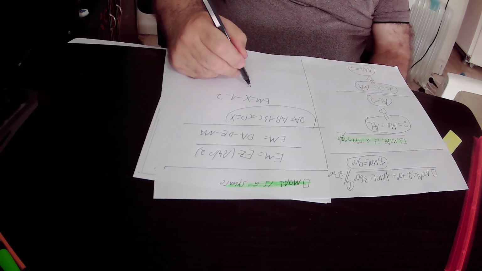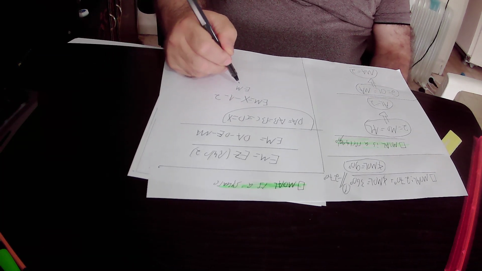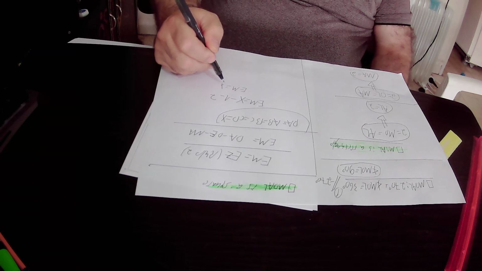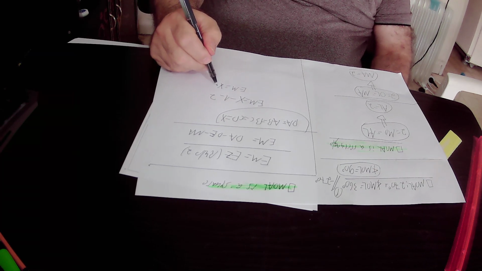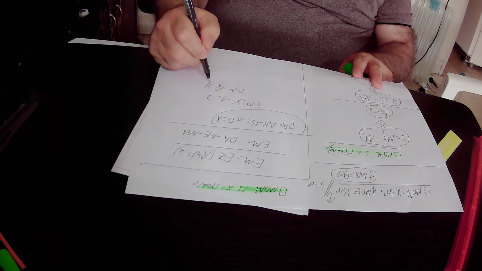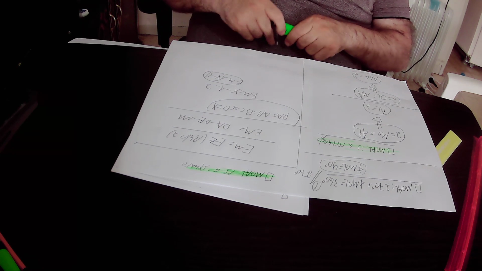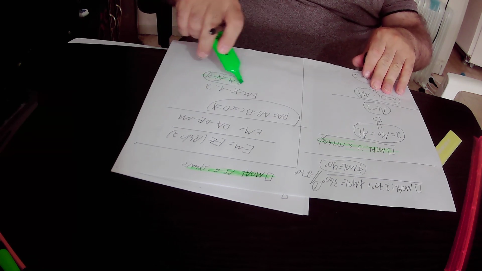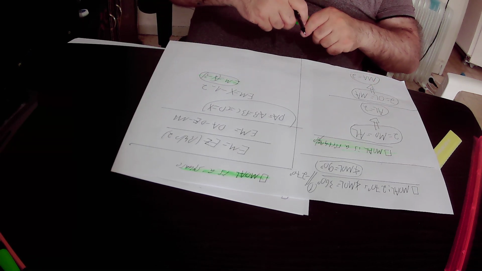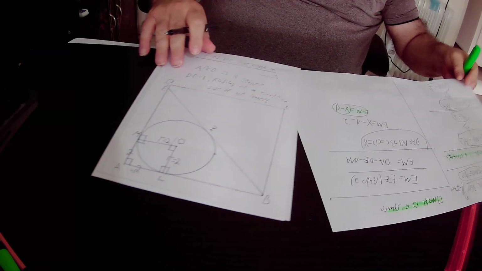So in conclusion, EM equals X minus 3. So we can write here that in the drawing, EM equals X minus 3.